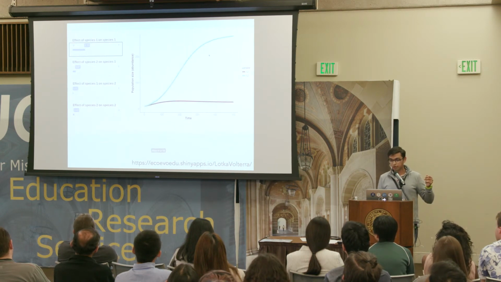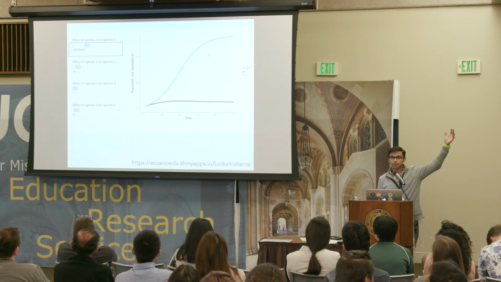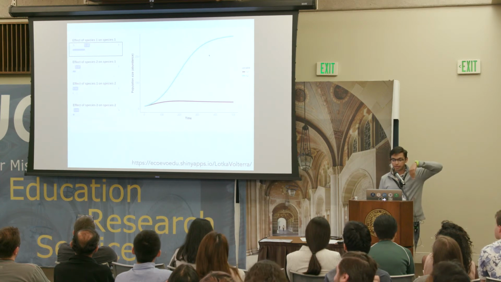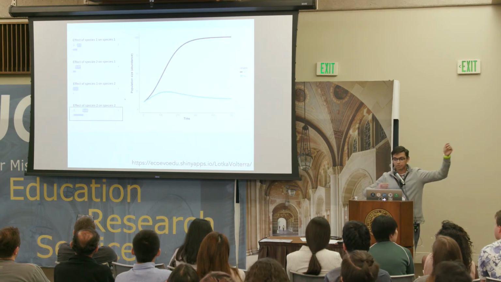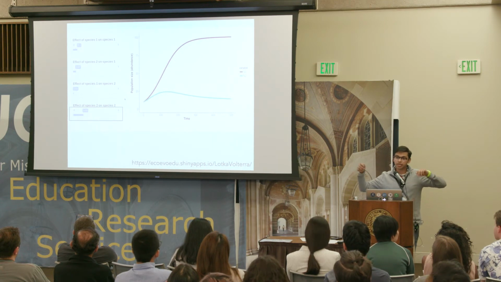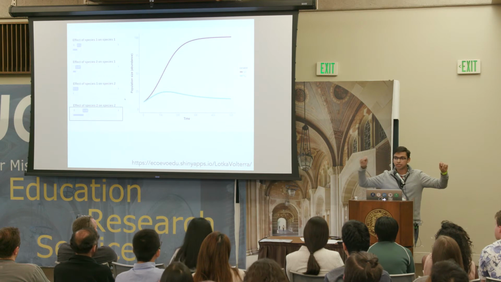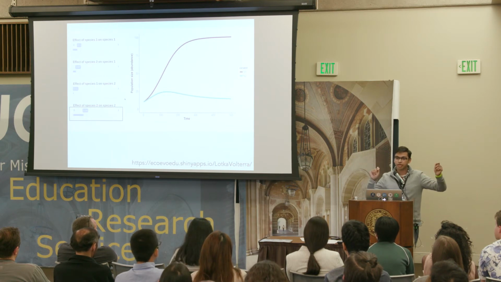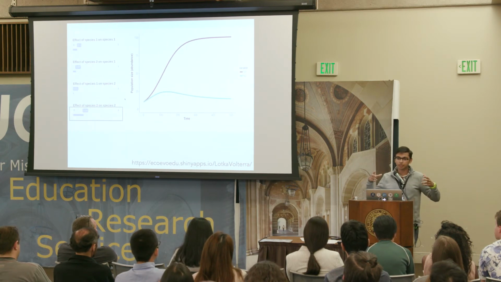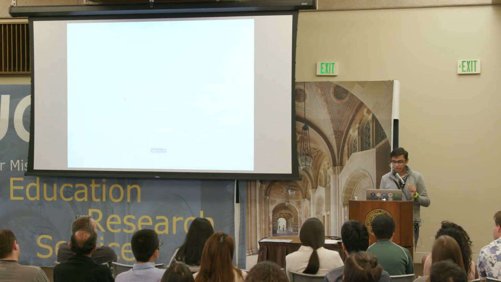But if they tweak that parameter combination, maybe the green one becomes more abundant and the purple goes away. Whereas if they tweak a different parameter to be higher, the purple one now dominates. So again, this is breaking down those complex looking differential equations into little things that students can interact with and interpret in terms of the actual nature that they came into an ecology classroom to study.